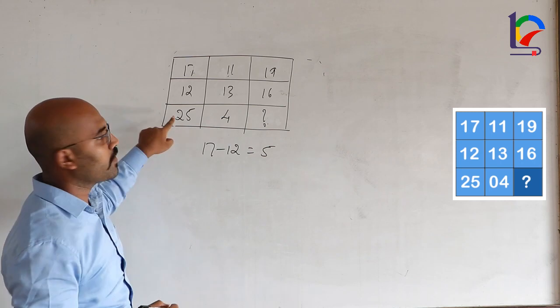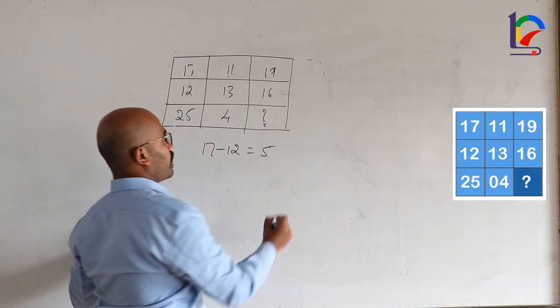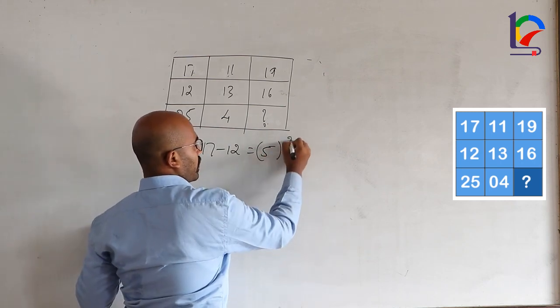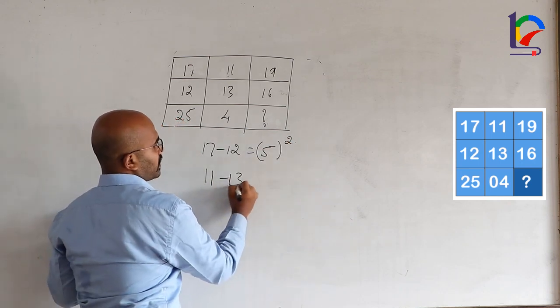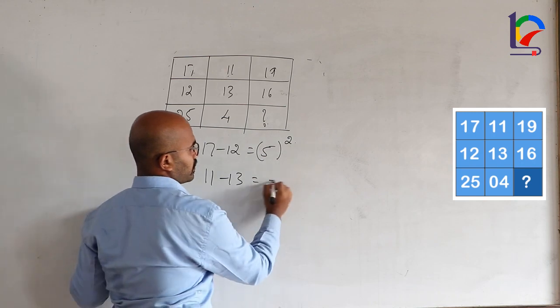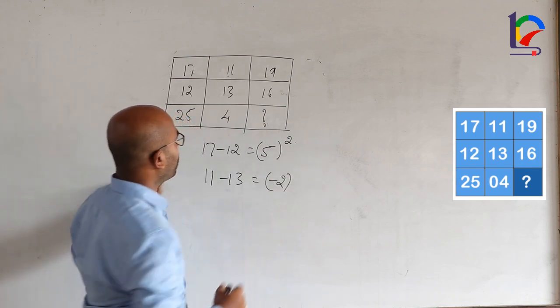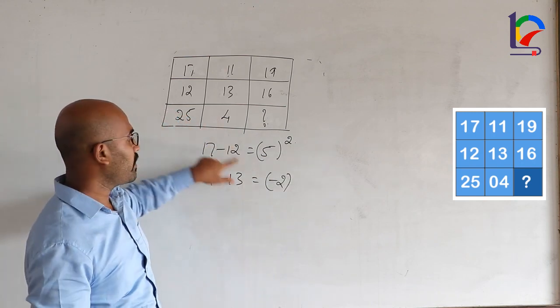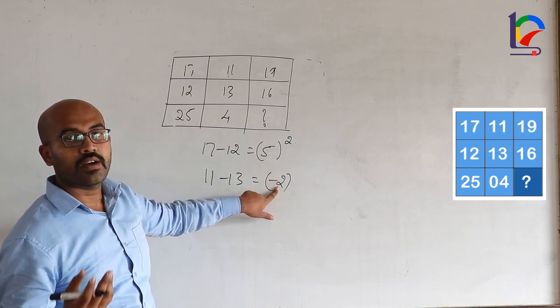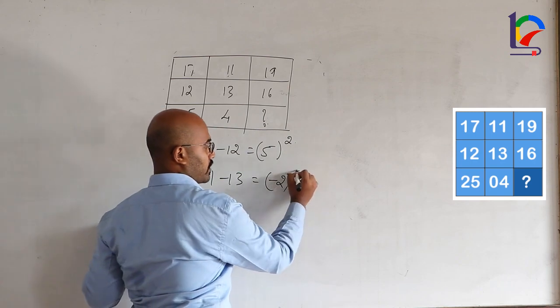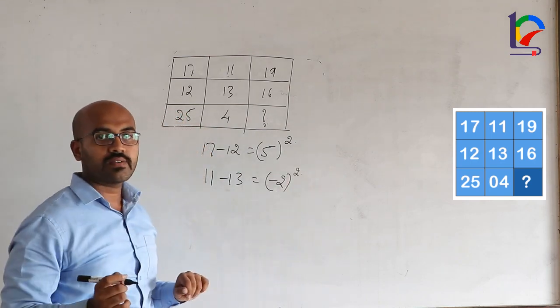If you want to get 25, what I can do is square, because 11 minus 13 is minus 2, but here it is 4. If I multiply by minus 2, I get 4. If not, the simple way is taking the square.